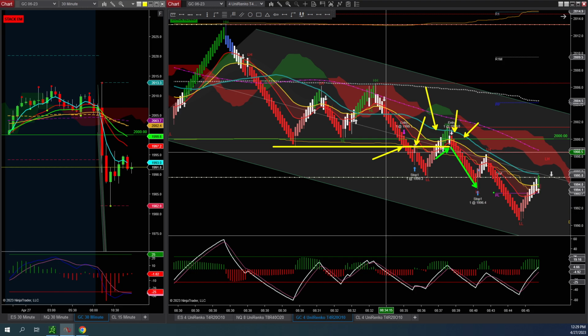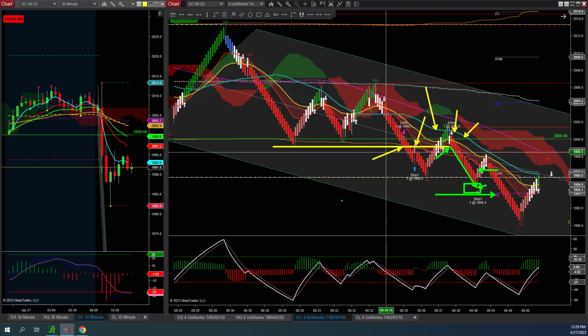I was actually waiting for it to touch this previous low, and it didn't. It went one tick or two ticks above right there in this area, and so it stopped me out in the reversal right here. So yeah, that would be fine.